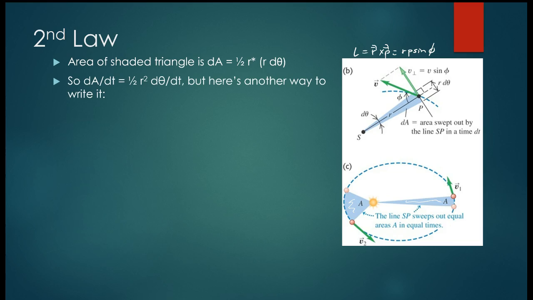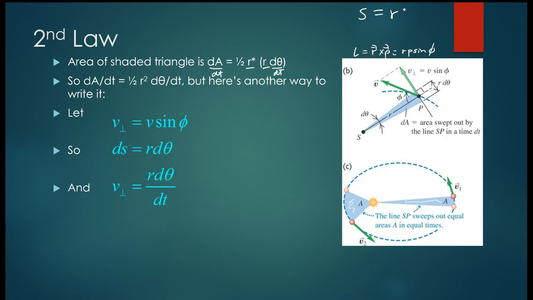Okay, so dA/dt, if we take a time derivative, is 1/2 r squared d theta/dt, because of these two r's. So we just take the derivative of each side with respect to time. But another way to write it is to say, let's say that v perpendicular is equal to v sine phi, and so therefore ds is equal to r d theta, because remember s is equal to r times theta, so ds is r d theta.